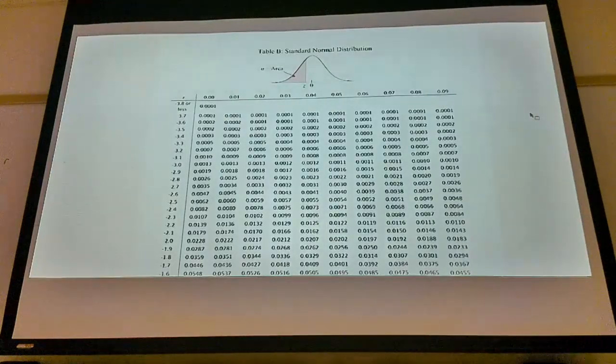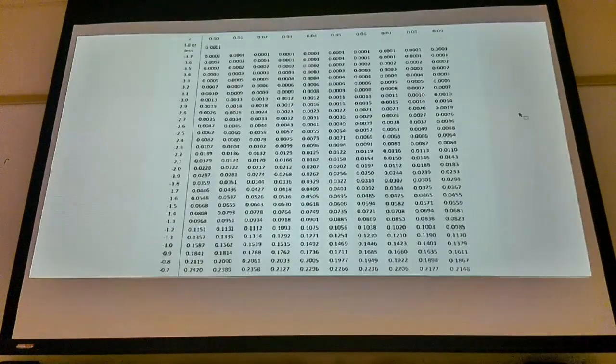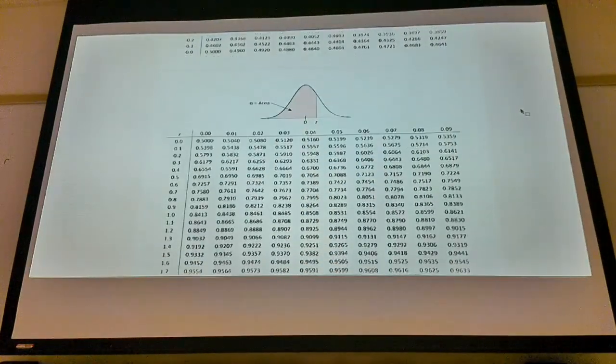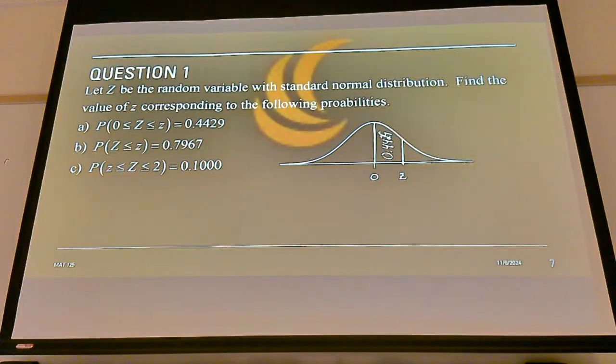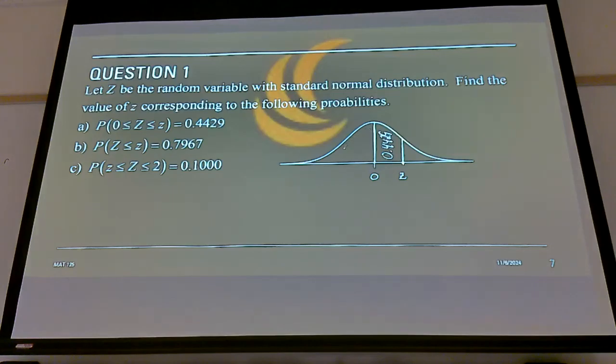There's a problem though. The chart's only giving us an area for less than or equal to. But that's okay, because what do we know about all of this area?